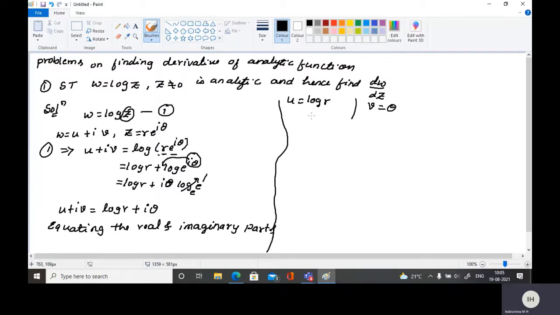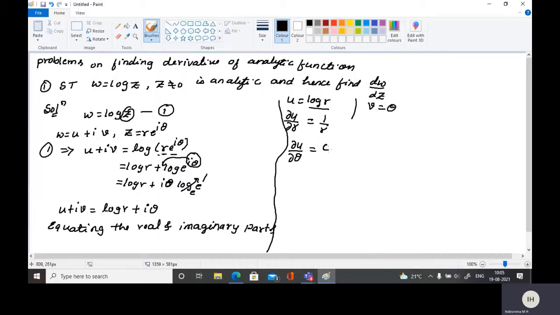To prove it satisfies the CR equations, we need 4 partial derivatives. First, differentiate u partially with respect to r, keeping theta constant. Differentiation of log r with respect to r is 1 by r. Differentiate u partially with respect to theta, keeping r constant.